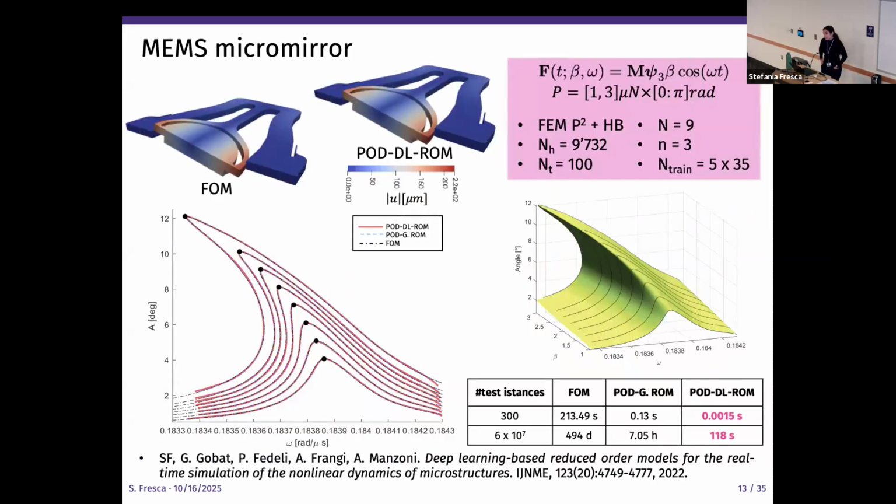In this context, we dealt with the approximation of the behavior of a MEMS micromirror. The high accuracy obtained in the reconstruction of the displacement field by means of the POD DL-ROM enables us to compute the frequency response function for increasing values of beta, where in this case, the control variable is the rotational angle of the plate of the micromirror.